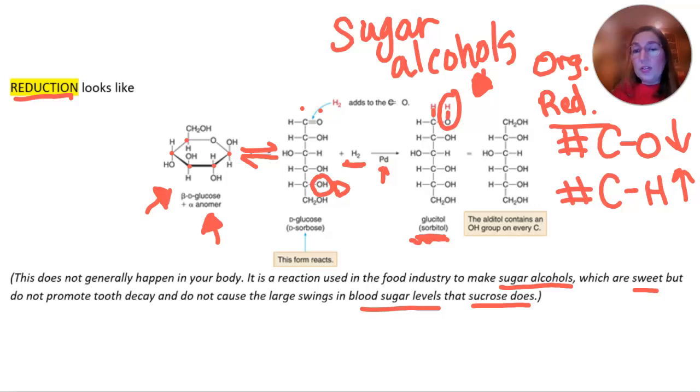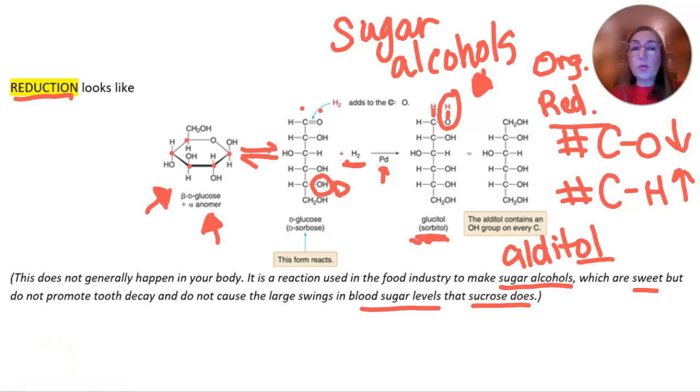It's something used in the food industry for the sole purpose of making these sugar alcohols as sweeteners, as sugar alternatives. And so it's called an alditol, where it has an OH group on all six of the carbons, really. So alditol is like calling something an aldose or a ketose. This is an alditol because of all of those alcohol functional groups that are on it.